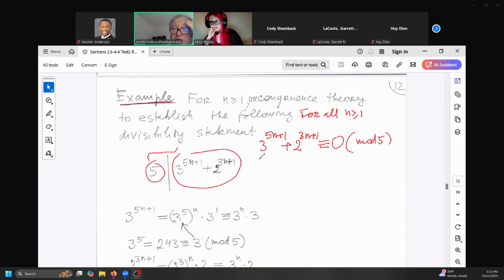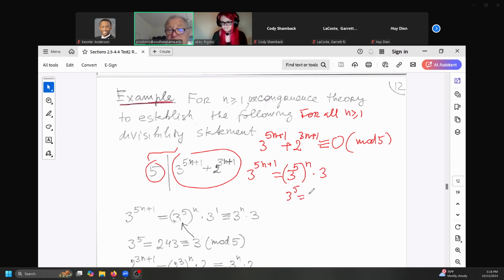Okay, let's do it accurately. 3 to the power 5n plus 1. By using formulas of algebra, what can we write? 3 to the power 5, n times, and then times 3. What is 3 to the power 5?